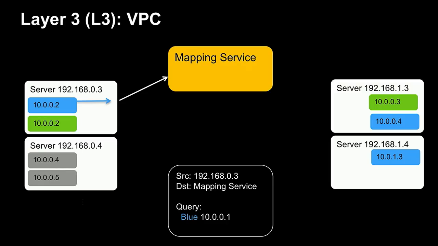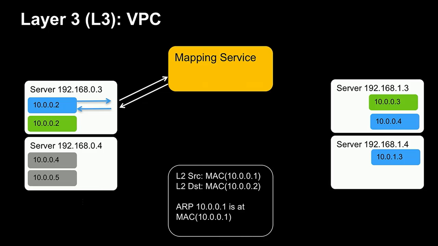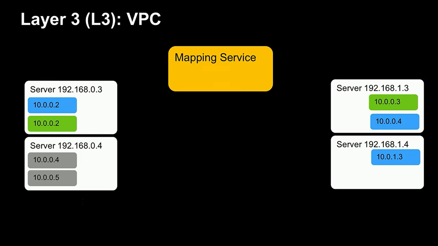There isn't a node on the network. So the mapping service replies saying, hey, this is the implicit router, and here's the MAC address for the implicit router on the infrastructure. That ARP response is passed to the 0.2 node, and it's now ready to compose the packet to send across to the router.